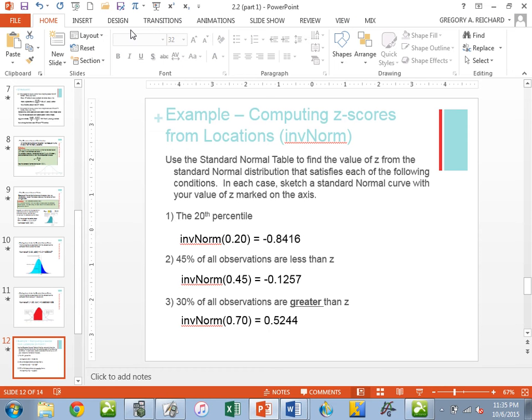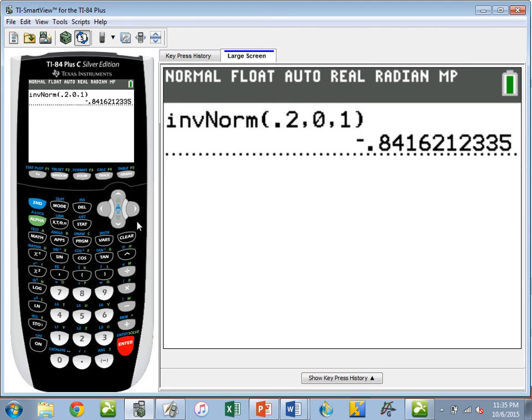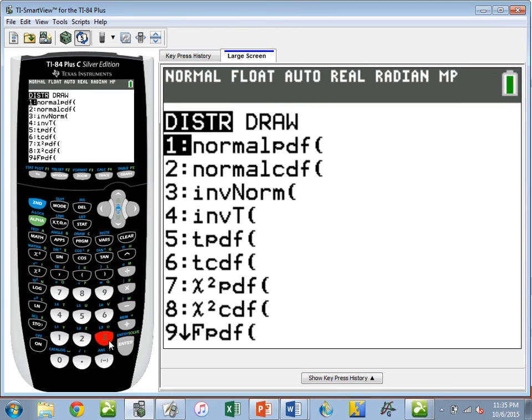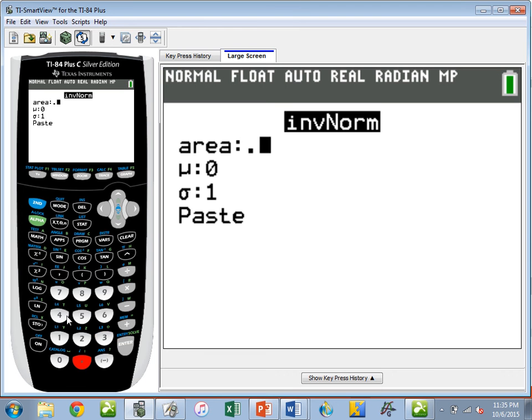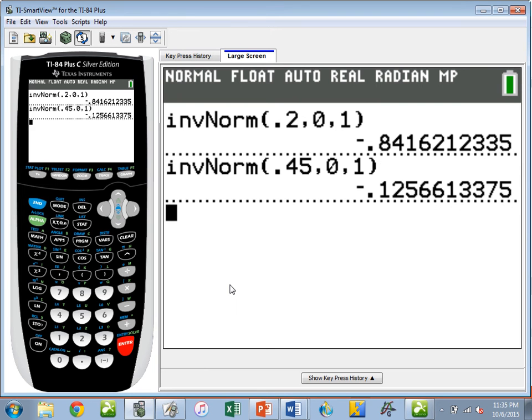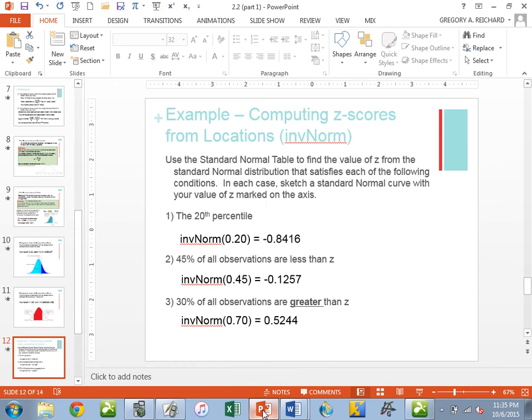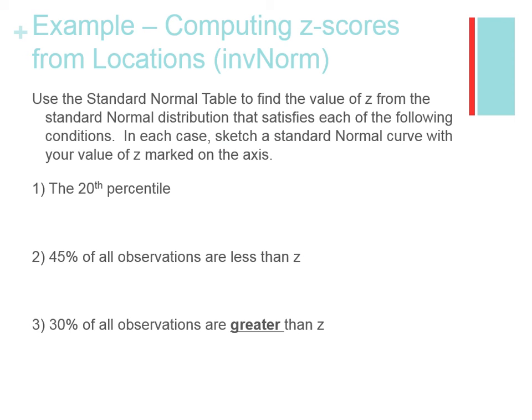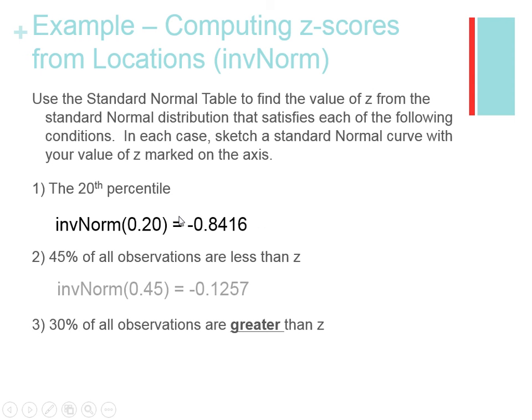So if I jump out of this and come back to my calculator again, and I go inverse norm of 0.45 now, that's where this negative 0.1256 comes from, which is what this value is here.